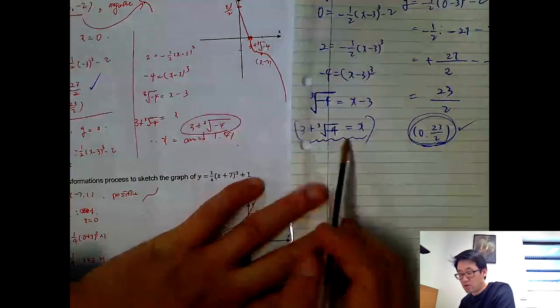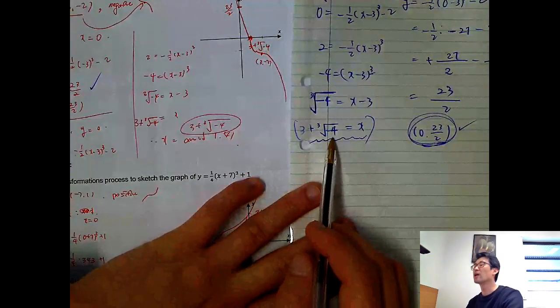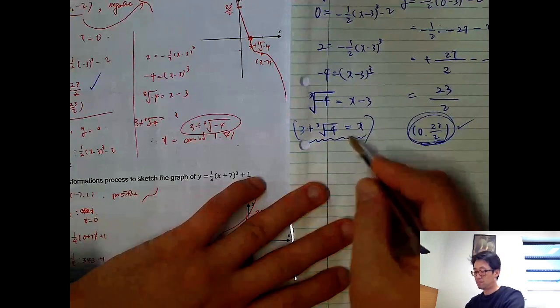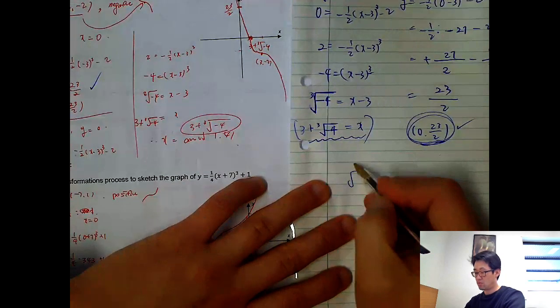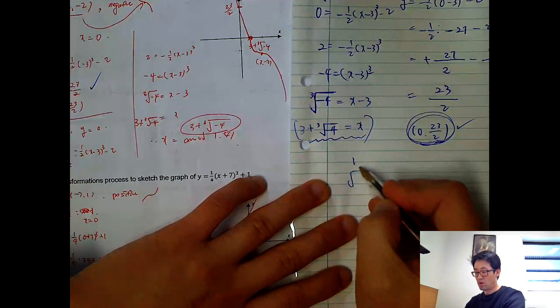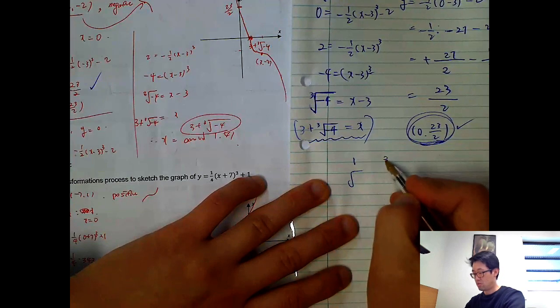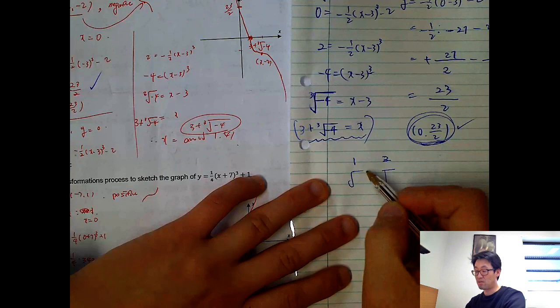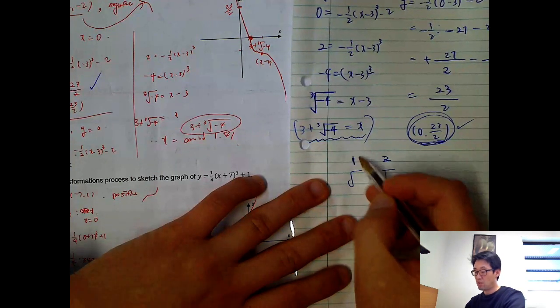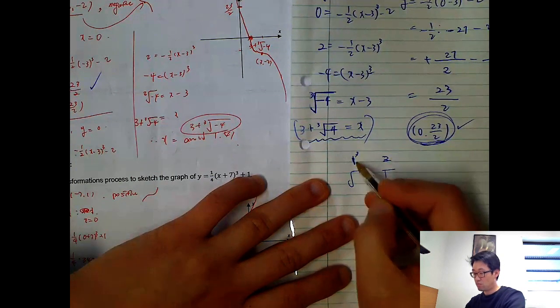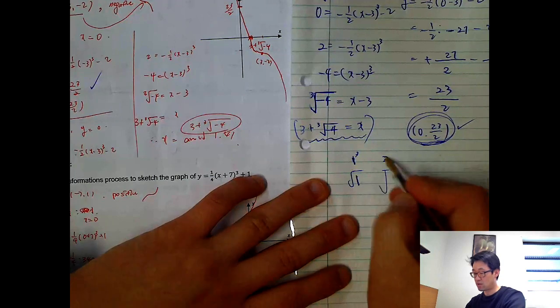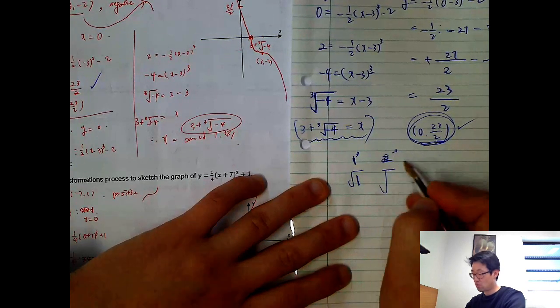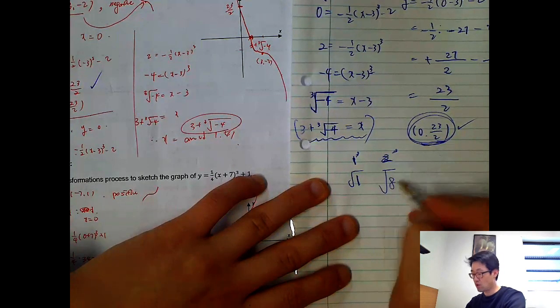So when I calculate that, you can estimate without a calculator. 1 cubed is 1. 2 cubed is 2 times 2 times 2, 8.